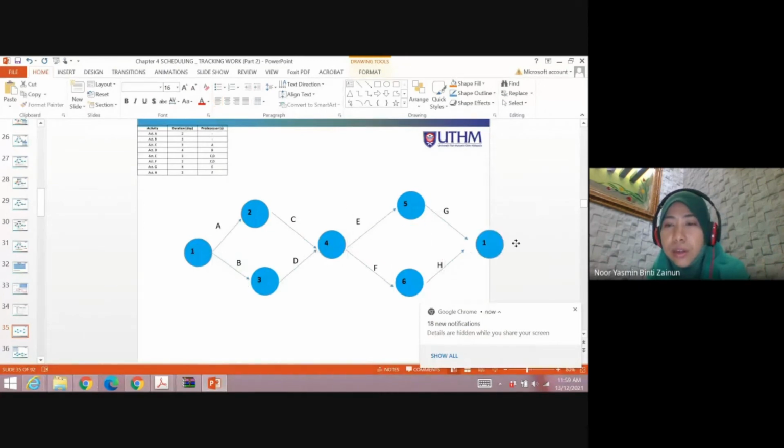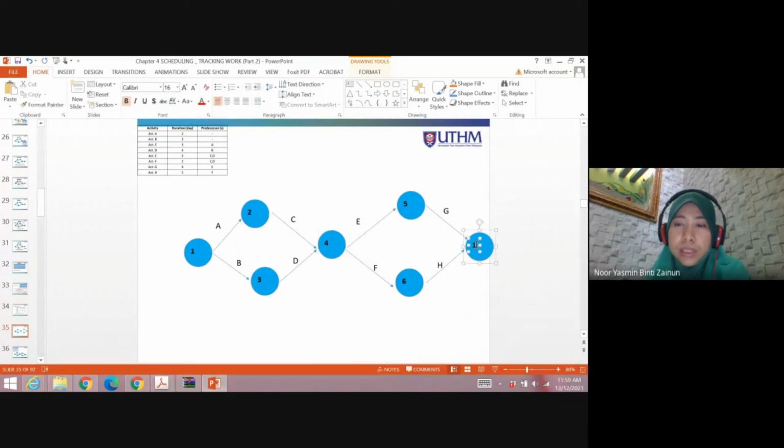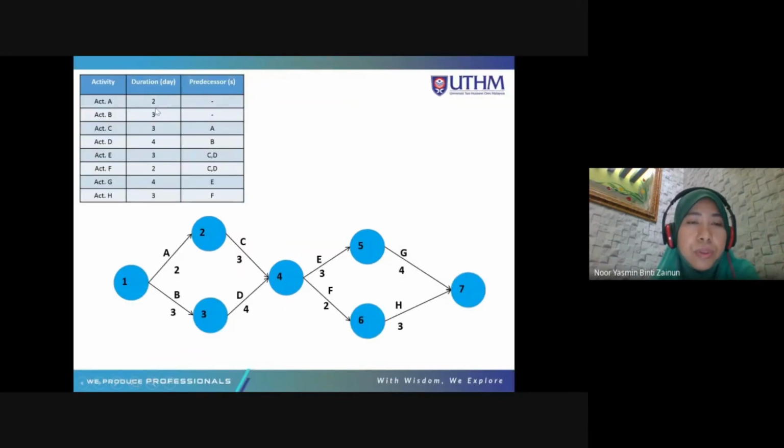You need to add one more node to close the network. Okay, so you got this. So this is what you get, and then put the duration.